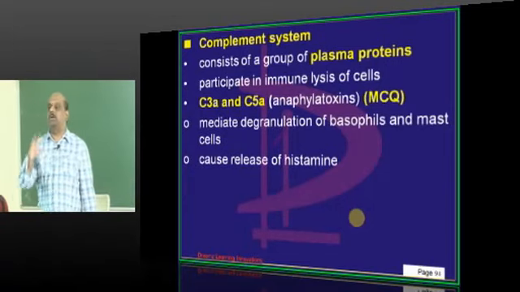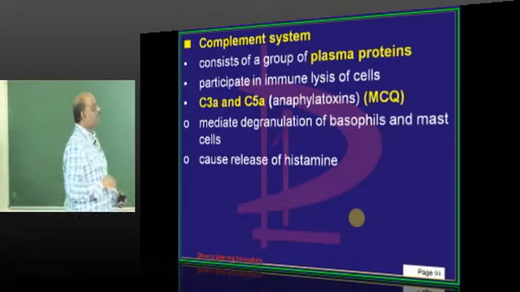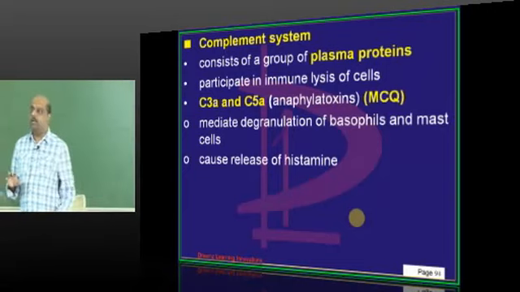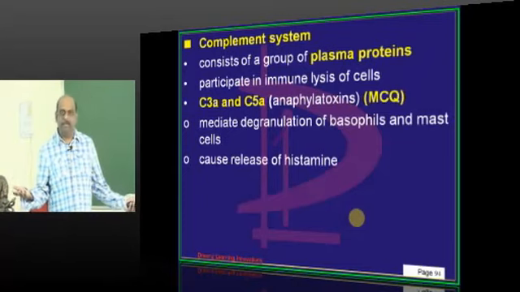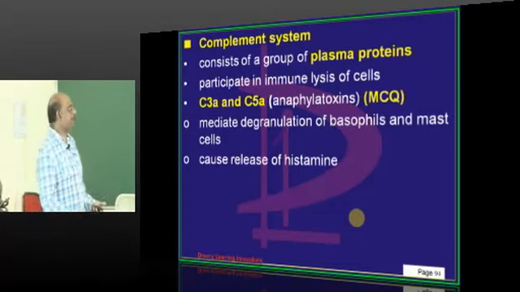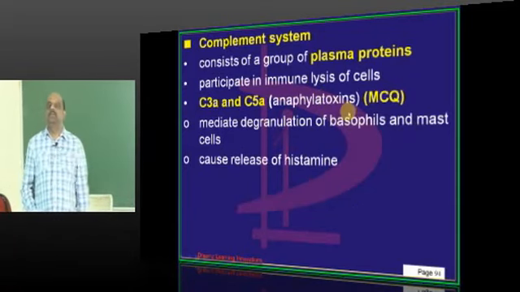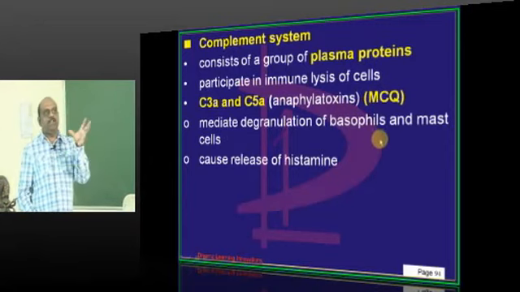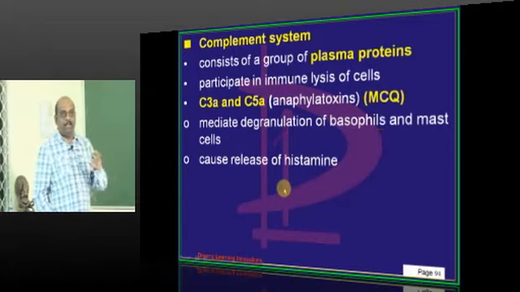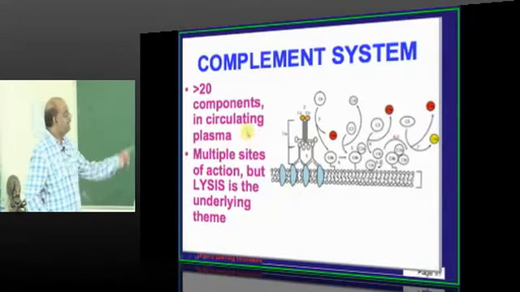Now, a few comments on the complement system. Invariably questions are asked on complement, doctor. You need to be very sure. Fundamentally, they are the proteins which exist and float, swim inside the plasma proteins. You have anaphylatoxins, C3a, C5a. They mediate the degranulation of the basophil, release of histamine, and the various dirty effects of histamine.